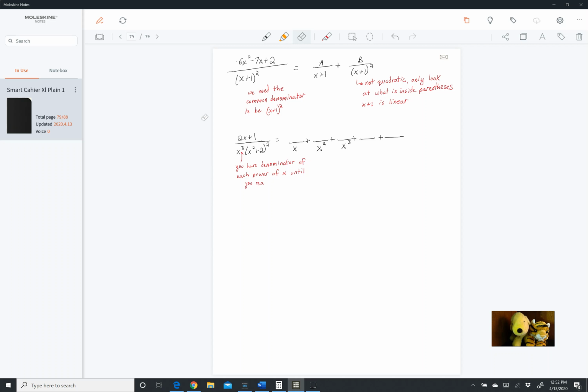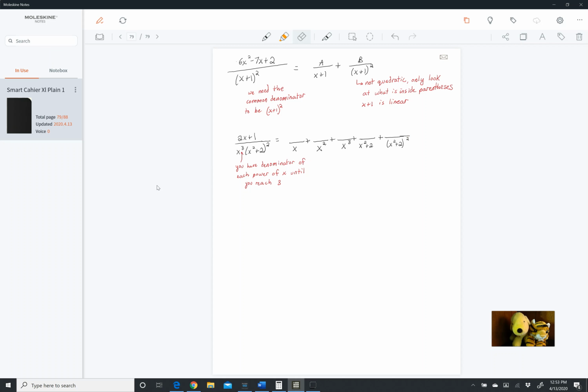Again, it has to do with the fact that your common denominator would have an x cubed in it, okay? So we have x squared, x cubed, and then we're going to do the same thing with the x squared plus 2. You have an x squared plus 2 to the first and an x squared plus 2 to the second.